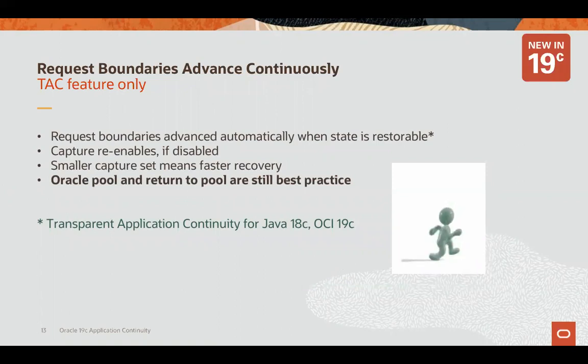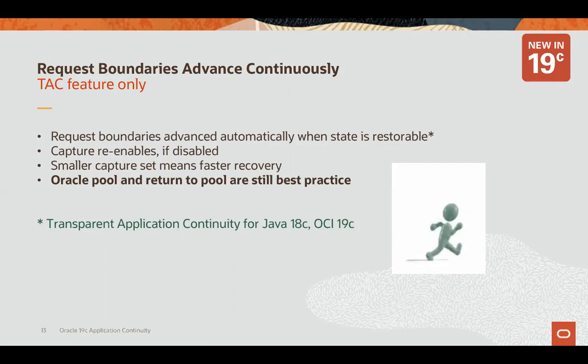We need to make sure that request boundaries are explicitly delimited from the application side. So as we said, we need to have requests individually isolated one from another with a begin and an end, and the commit at the end of each request. So this has to be adopted as a principle of developing your applications if you want to use transparent application continuity successfully.